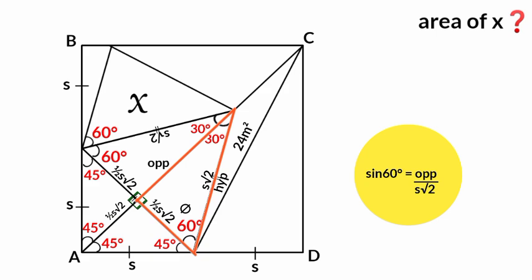Multiplying both sides by S root 2, here S root 2 cancels S root 2, and here sin 60 degrees times S root 2, if you do the simplification, will give you 1 over 2 S root 6. So opposite equal to 1 over 2 S root 6. That is, this side here is 1 over 2 S root 6.